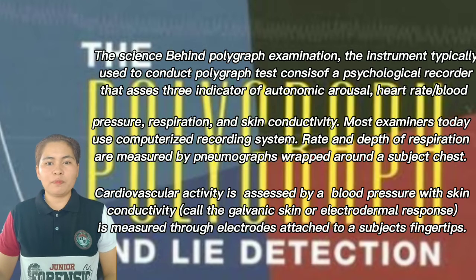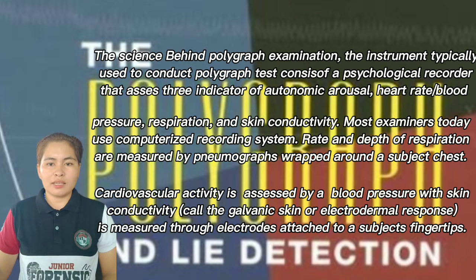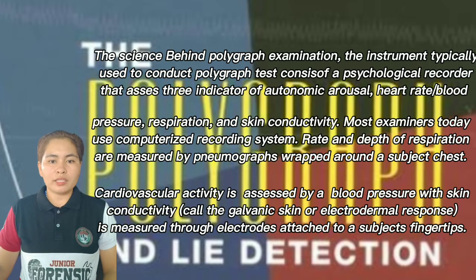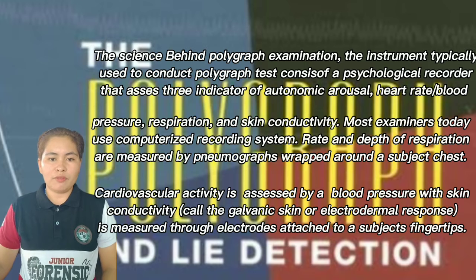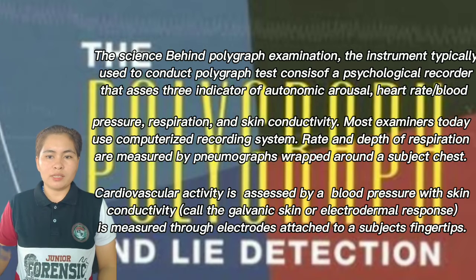The science behind polygraph examination. The instrument typically used to conduct polygraph tests consists of a physiological recorder that assesses three indicators of autonomic arousal: heart rate and blood pressure, respiration, and skin conductivity. Most examiners today use computerized recording systems.